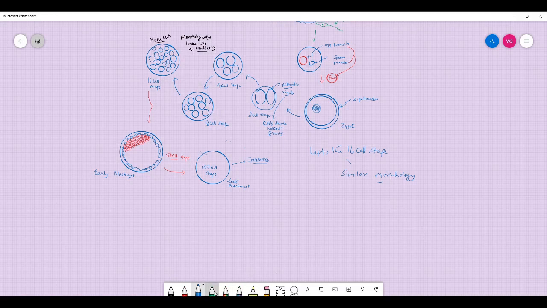So if we take a cell from, say, here, and bring it outside, this cell has the potential to become a whole organism.